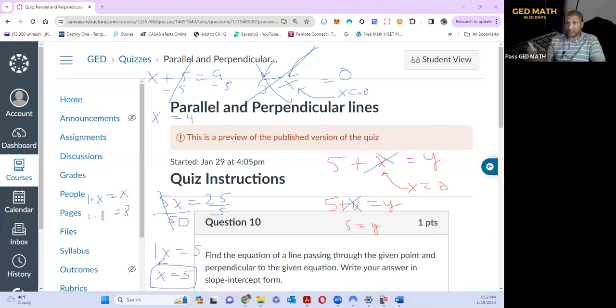Those are the things you've got to know, because everything in math builds upon something else. Ground zero of math is the basic operations: addition, subtraction, multiplication, division. Everything is built on that.